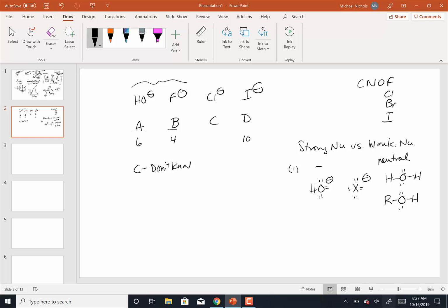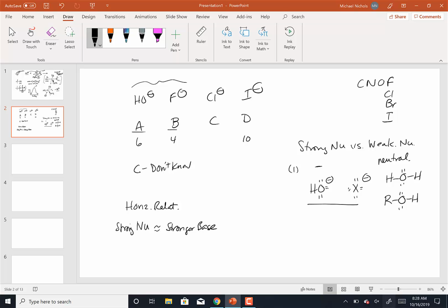Now, when we get to the negative nucleophiles, how do we know that one negative nucleophile is stronger than the other? It depends on the relationship on the periodic table. When you have 2 negative charges with a horizontal relationship, a stronger nucleophile corresponds to being a stronger base.